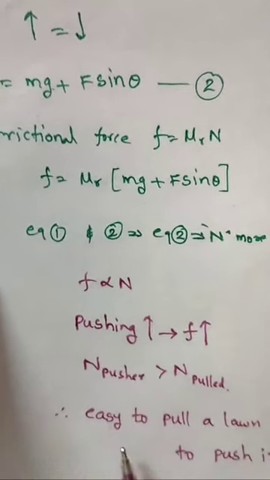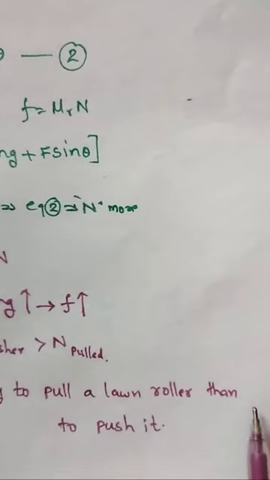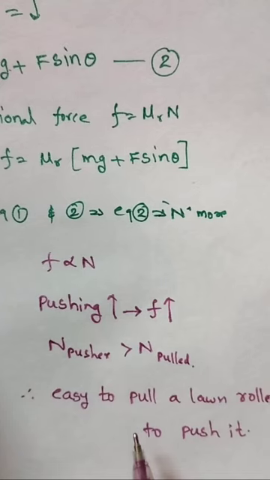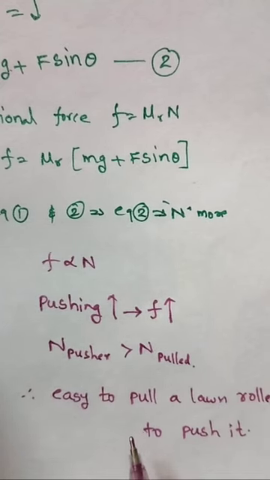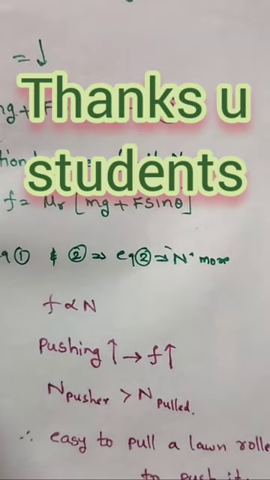So it is easy to pull a lawn roller than to push it. Which is better? Pulling is much better, not pushing. Okay, so this is the lawn roller case. Thank you one and all.